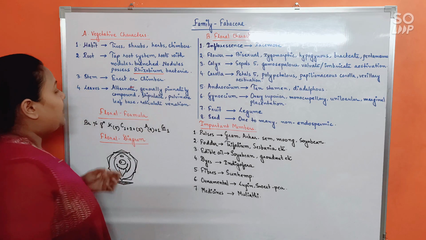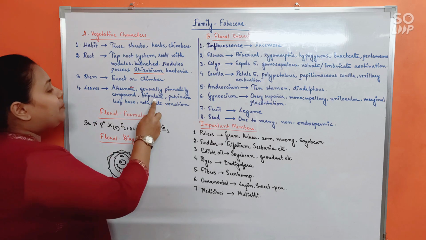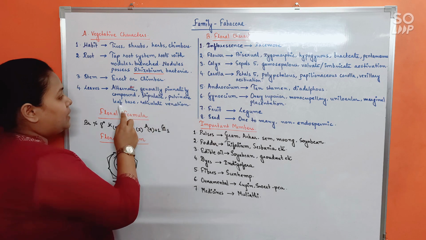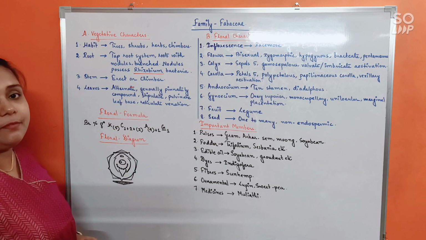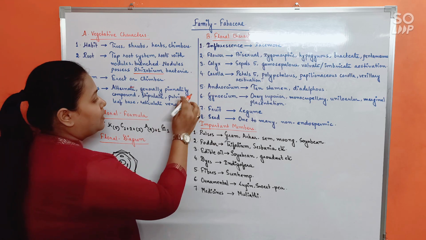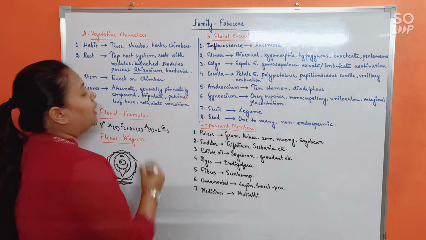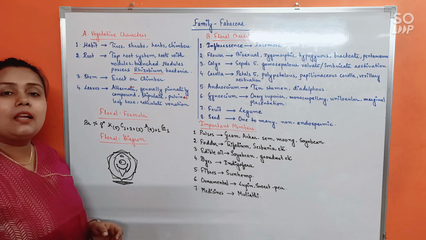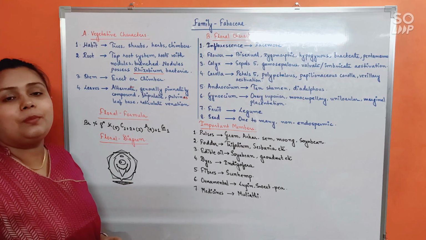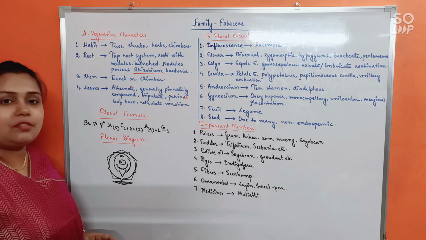Generally, the leaves are pinnately compound. They are stipulate, means they possess stipules, and pulvinous leaf base. Pulvinous leaf base, if you remember, it should be pulvinous leaf base. Pulvinous leaf base means a leaf base which is swollen, isn't it? Leaf base swollen would be known as pulvinous leaf base, right?